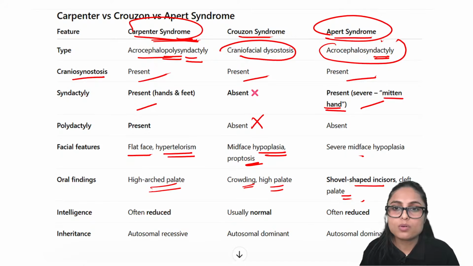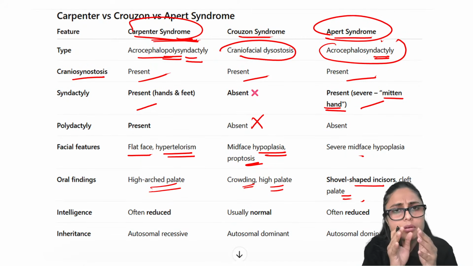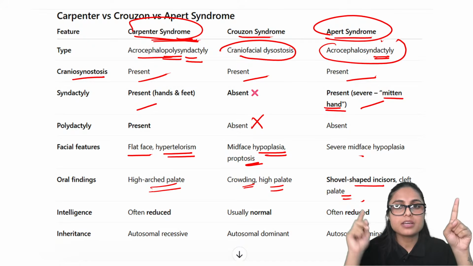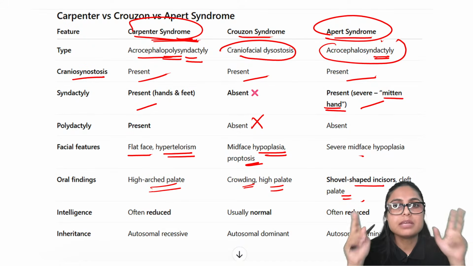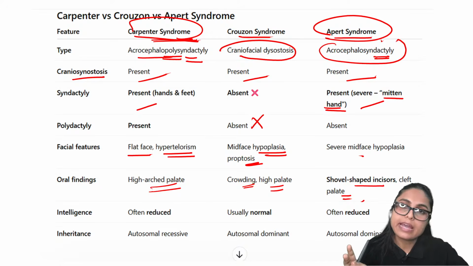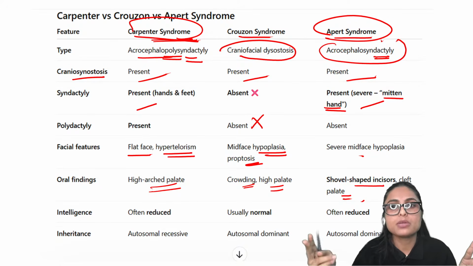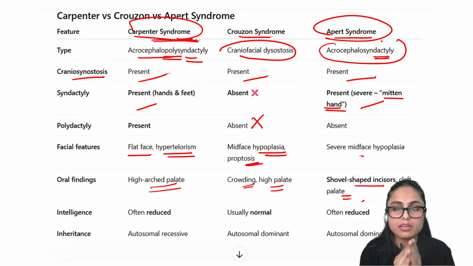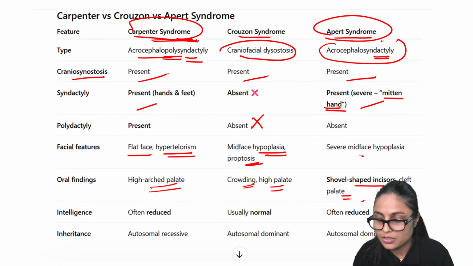So please remember these important points in Carpenter, Crouzon's and Apert. In Carpenter and Apert you have limb defects. In Carpenter, polydactyly and syndactyly both. In Apert you only have syndactyly. In Crouzon's no limb defect, only craniofacial anomalies.